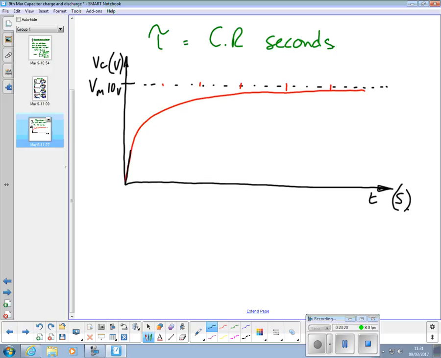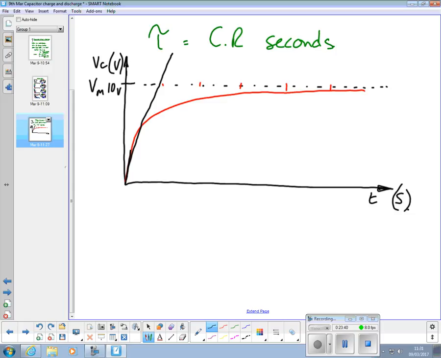If we kept it at 1 amp instead of allowing that current to drop, we'd rise up like this and carry on going, and that capacitor voltage would travel beyond 10 volts.